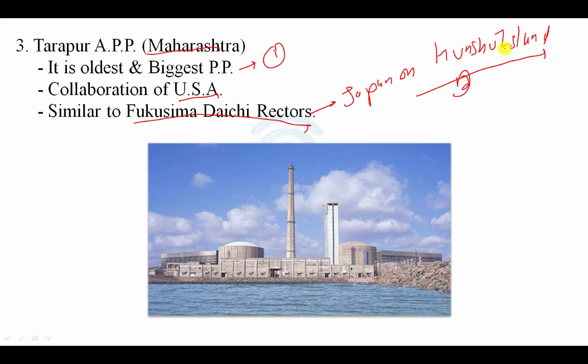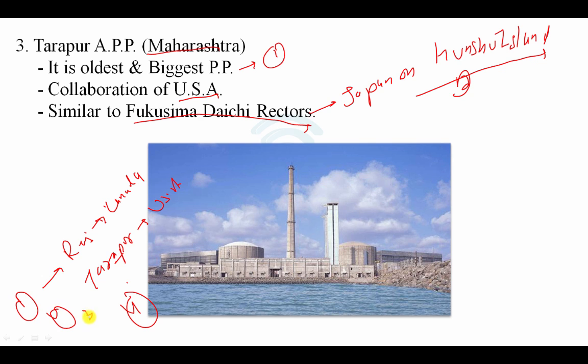So Tarapur is the biggest and the oldest power plant of India, and it is in Maharashtra. You only need to understand that of the power plants, the Rajasthan power plant is made with the help of Canada, and this Tarapur is made with the help of USA. All the rest of the power plants, that is four, one is made indigenously, and the rest of the four are made with the help of USSR or Russia.